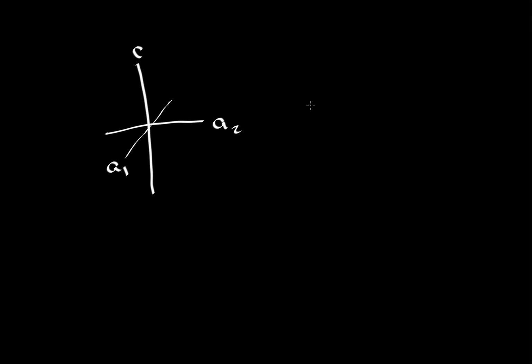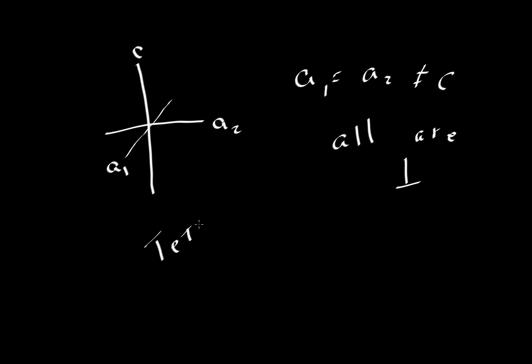So there's no point in calling them A and B, and we'll call them A1 and A2. So here, A1 is equal to A2, but these are not equal to C, and all of them are perpendicular. And that gives us the case of the tetragonal system.